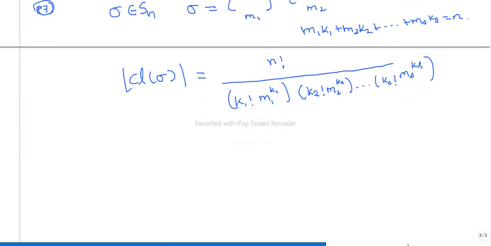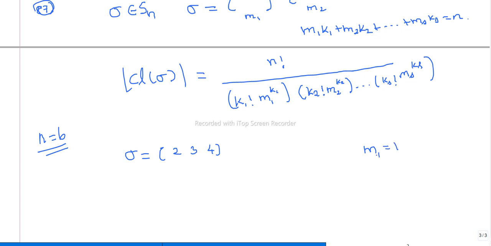Now n equals 6 in our case because we are working in S6, and sigma is the cycle 2, 3, 4. So the number of 3-cycles is only 1, and m1 is 3.